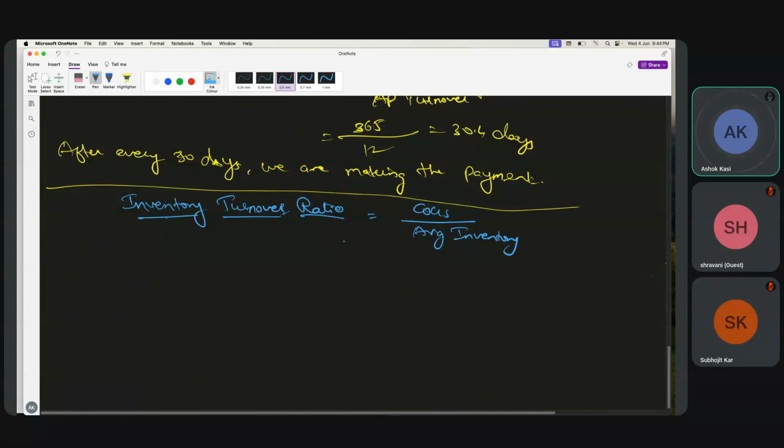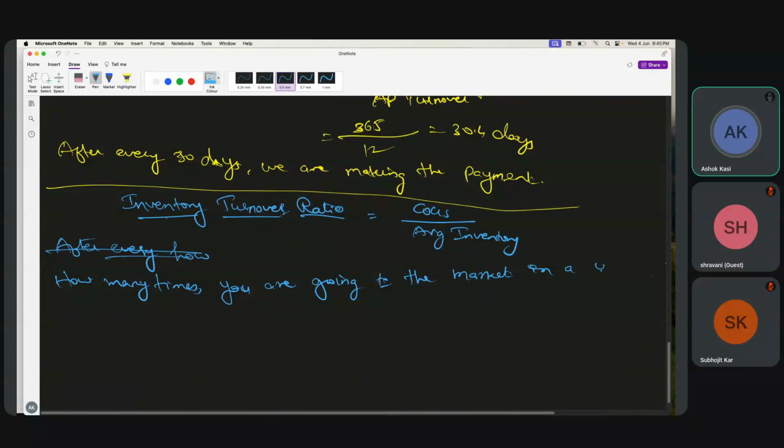Inventory turnover means how many times in a year you are going to the market to buy inventory.